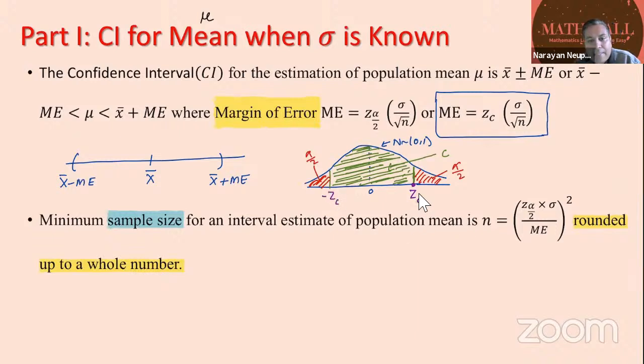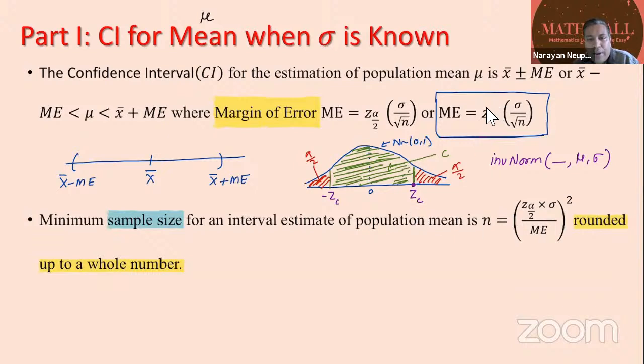In order to find this Z critical, whenever you want to find a value along the x-axis, we use inverse normal in our calculator: inverse normal, then area to the left, then mean, and then standard deviation. That's how we find Z critical.